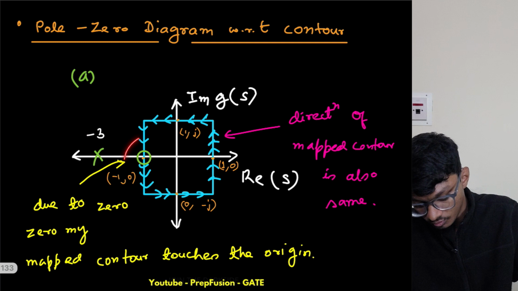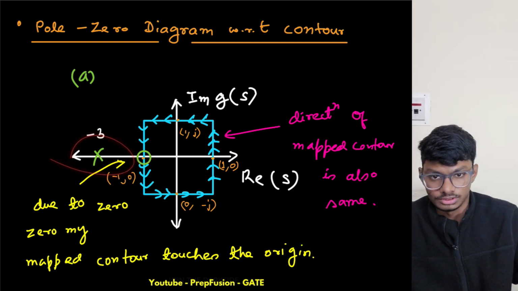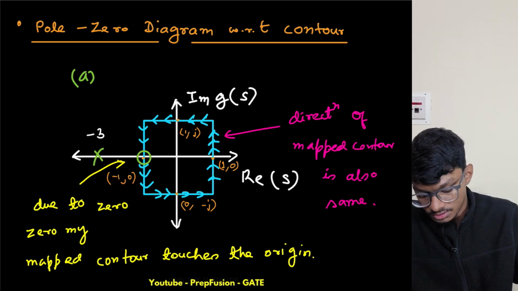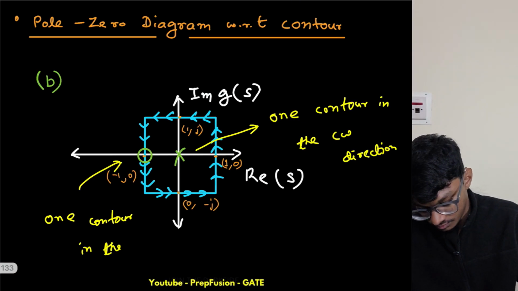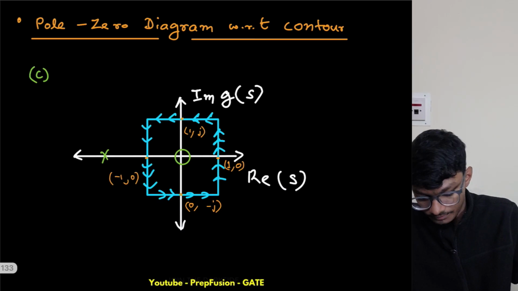As here, we only got one contour. Why? Because this pole was lying outside. This pole was lying outside, that's why we only got one contour.